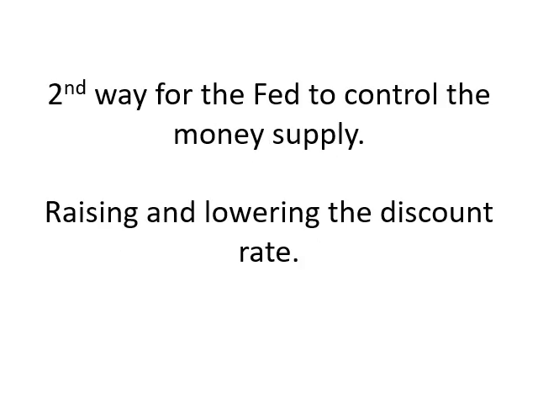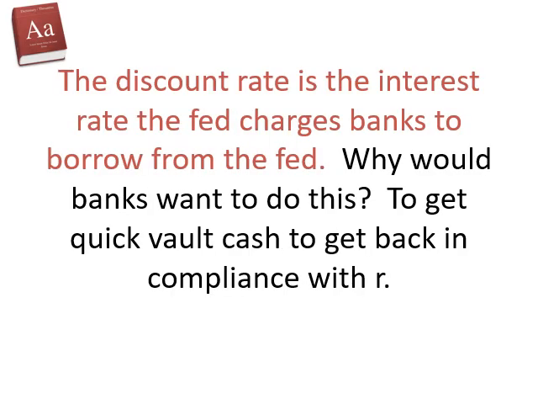Second way for the Fed to control the money supply is to raise and lower the discount rate. What is the discount rate? The discount rate is the interest rate that the Fed charges banks to borrow from the Fed. Now, why would a bank want to borrow cash from the Fed?